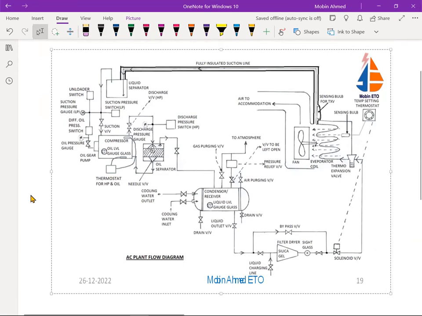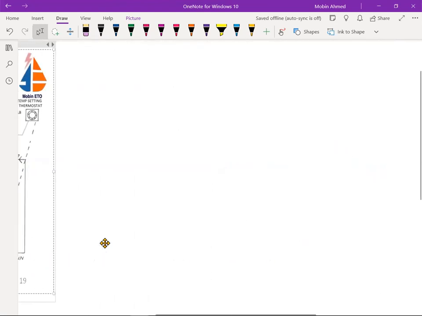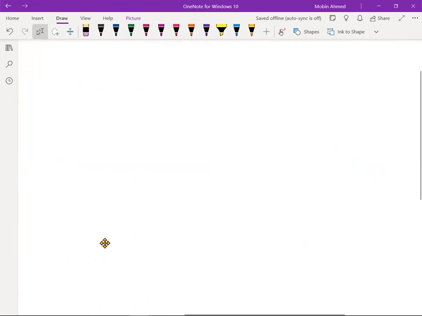Now basically any refrigeration plant which is going to work is going to do basically 4 processes. AC or refrigeration systems do 4 processes. So what are these 4 processes?